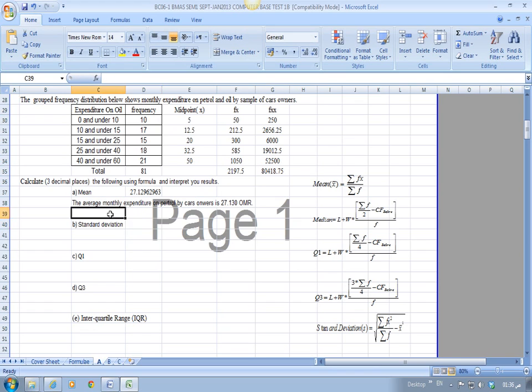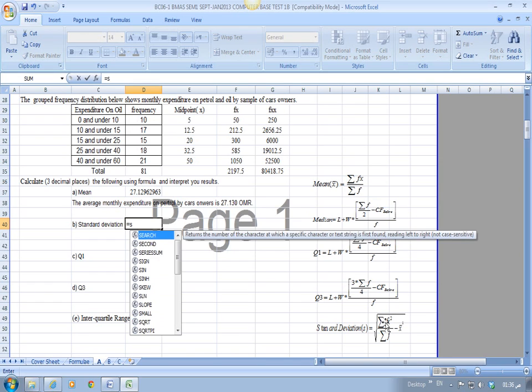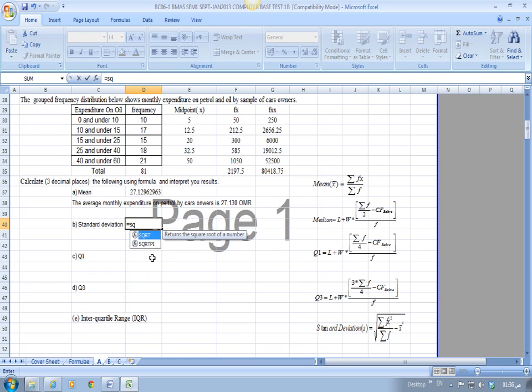You can write variance here, or you can write the standard deviation as the square root. Here there is a big square root, so we usually use SQRT for the root.